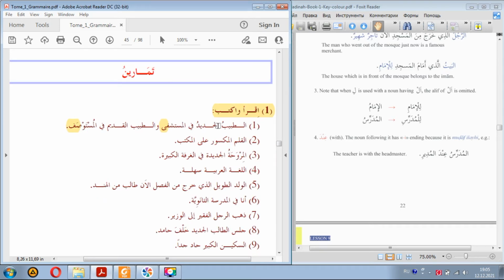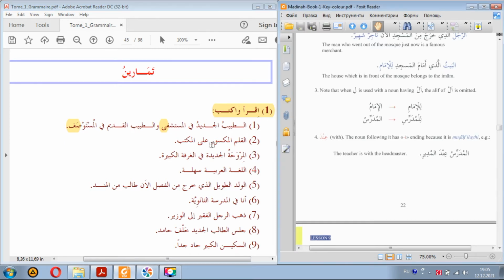الطبيب الجديد, the new doctor, is in the hospital. And why isn't it في المستشفى? Why is it في المستشفى? Because we learned in the previous lessons that words that have this long alif in the end, like المستشفى, أمريكا, سويسرا, Switzerland, مصطفى, they remain unchanged.